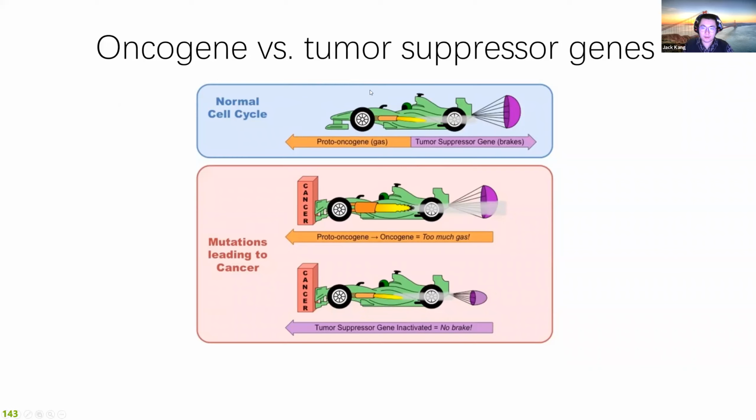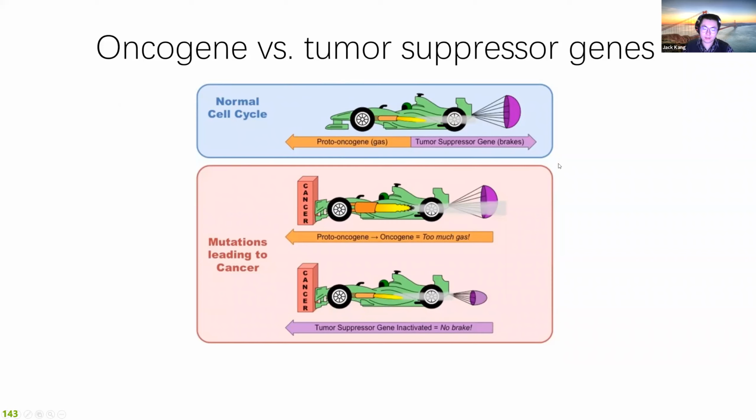Imagine your cell is like this car here, and on the left side is progression to cancer. Normally, you have in your cells proto-oncogenes and tumor suppressor genes. Proto-oncogenes are usually genes that promote cell growth, so it's like the gas for the car.